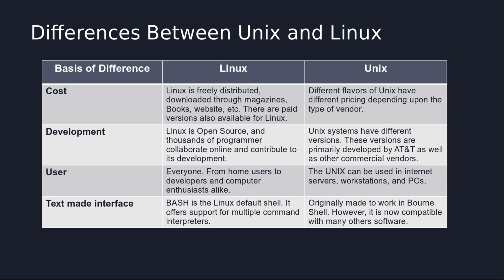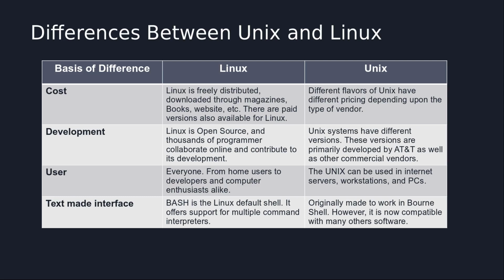Now, who exactly can use Linux? Everyone can use Linux, just everybody can basically use Linux. If you have a computer, you can use Linux. Whereas Unix, it is primarily used in internet servers, workstations, and PCs. Now, the text-mode interface.